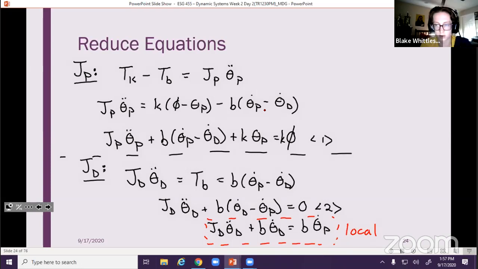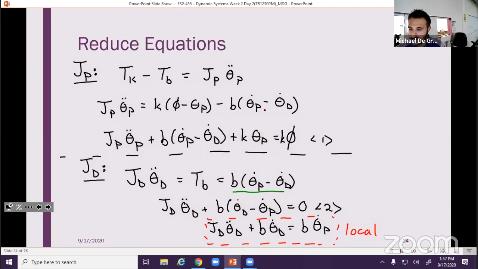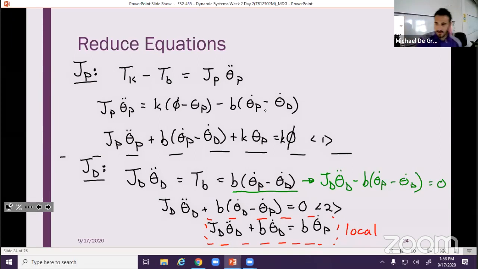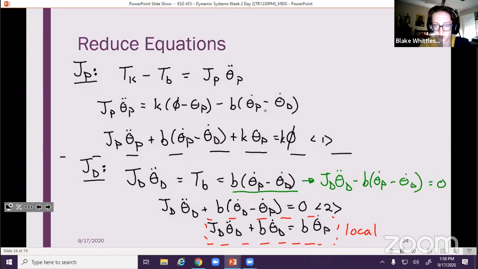Now let me ask you, Blake, if I algebra this to bring this over, this would just become this. Aren't these two expressions equivalent? I'm just multiplying through by that -1. That's why it's positive there now. Okay, gotcha. So I just skipped an algebra step when I showed it. I see.